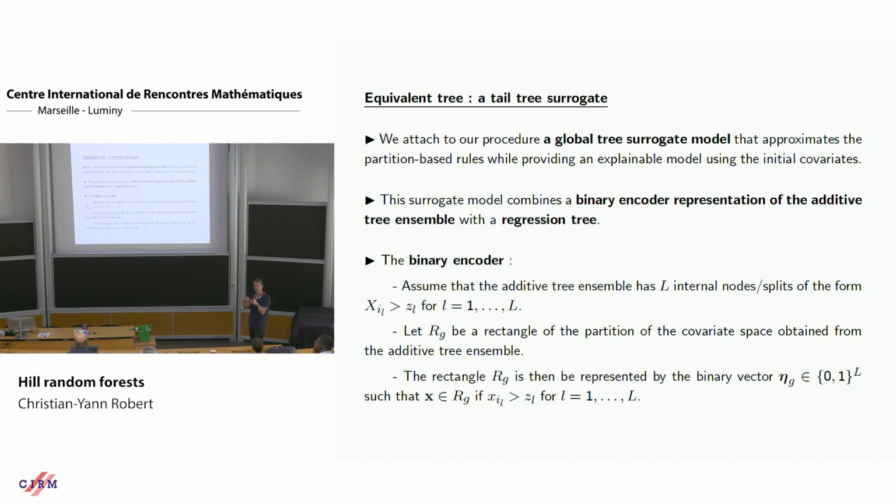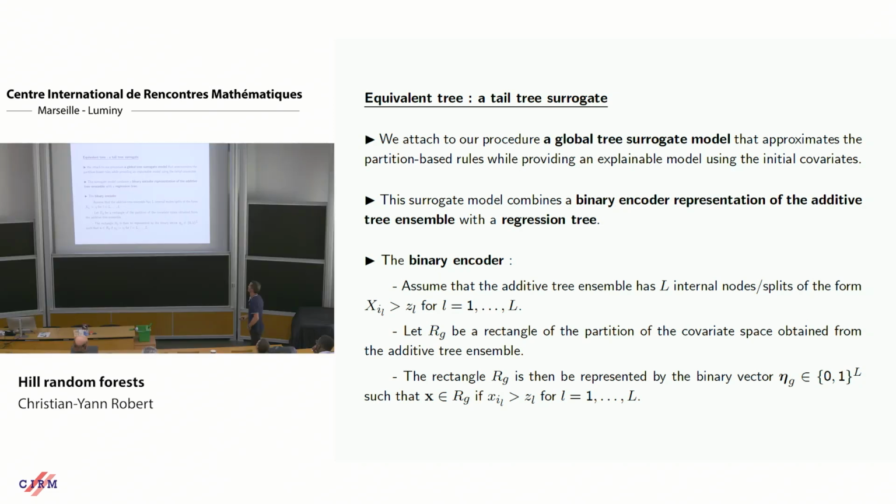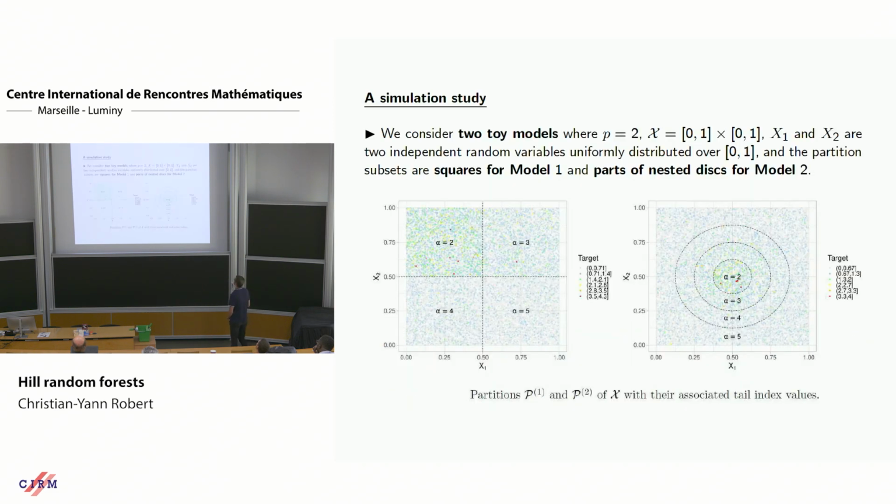So, as usual for very complex machine learning algorithms, we propose an explainable model, a surrogate model, that will give you some very simple intuition about the results of your complex algorithm. I do not have time to give more details, but it can be very helpful to understand exactly the results that you get for a more complex dataset.